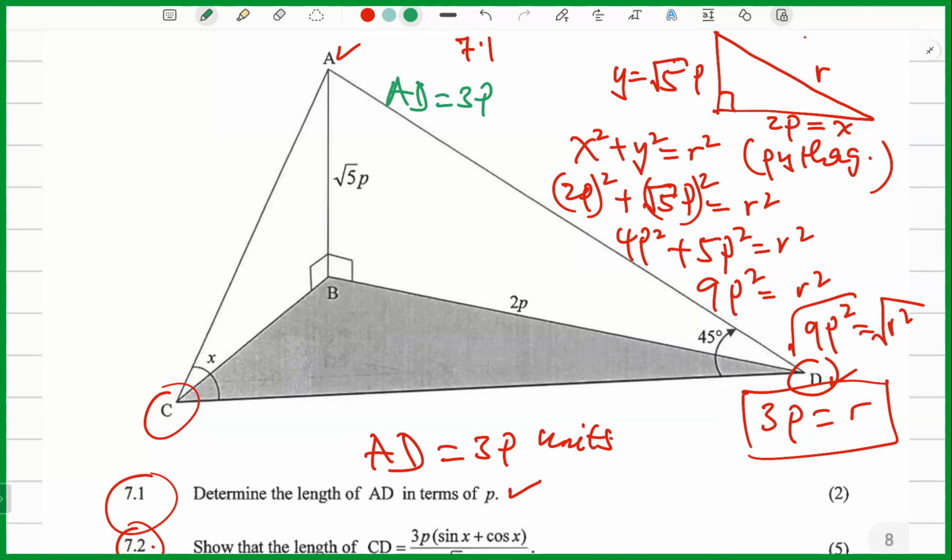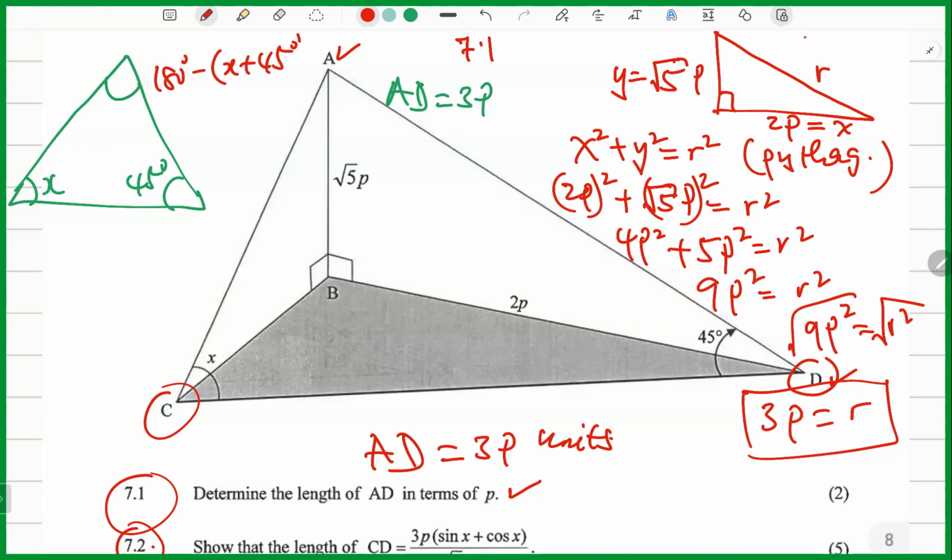Then you just need to find the length of CD. You have this triangle here: X, this one here, 45, and this one here is 180 degrees minus X plus 45 degrees. And therefore, this is CDA.